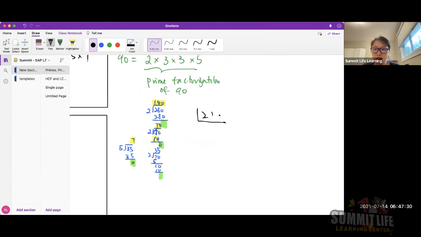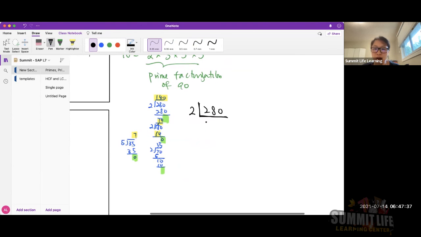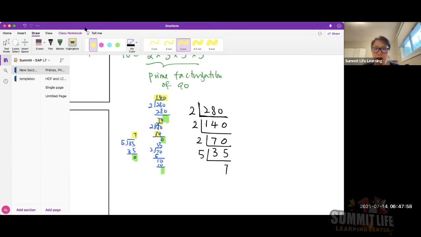In short division, we just focus on the quotient itself. We begin with 280, and write it like this, divided by 2. We have 140. Further divided by 2, it will be 70. Further divided by 2, it will be 35. Further divided by 5, it will be 7. How do we get all the numbers in the prime factorization?